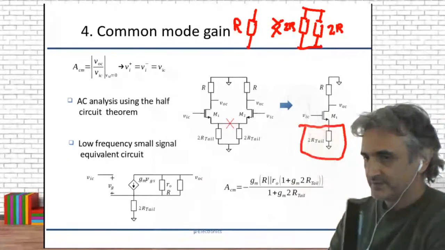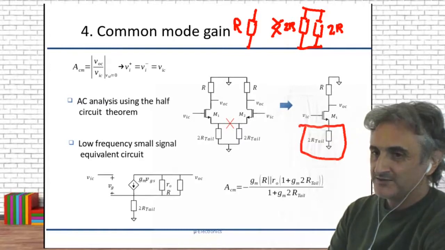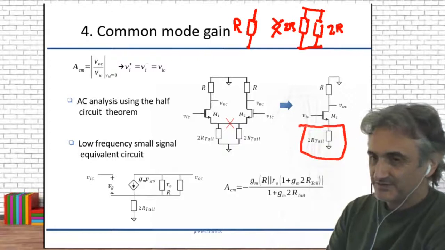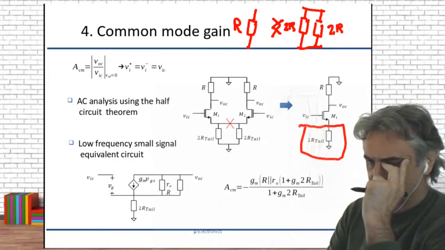So as you can see, when the tail resistance is very big, this goes simply to a combination between the gain and the output resistance.